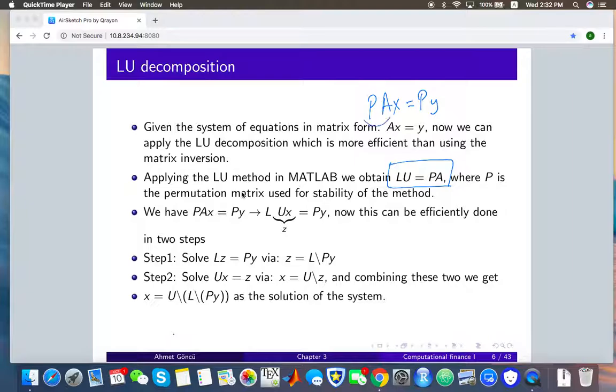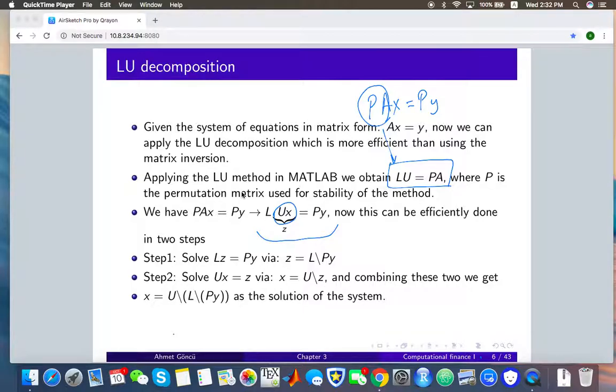But notice that P times A can be substituted by L times U. If we do that, we get L times Ux equals P times y. Now, if we consider this nested equation, let U times x be equal to z, and we can handle this in two steps.